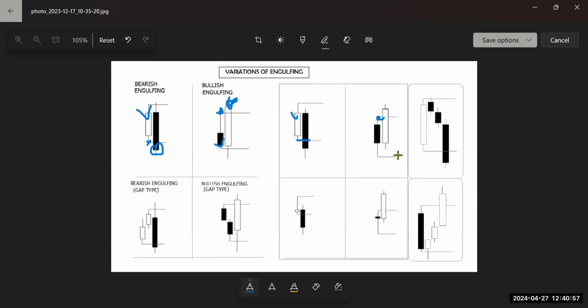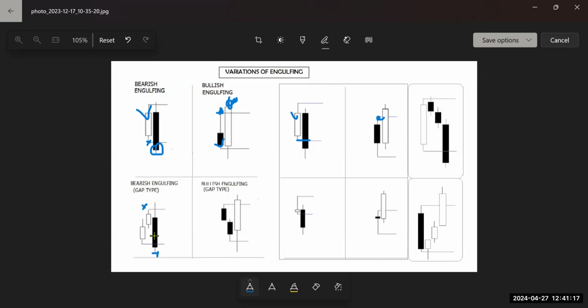So another type is when the candle that is being engulfed, we have two candles being engulfed. So when you have a bearish engulfing, for instance, this bearish candle right here engulfs the two bullish candles.